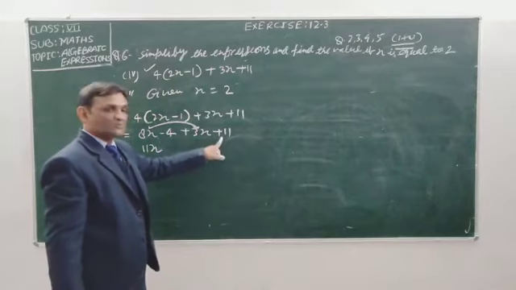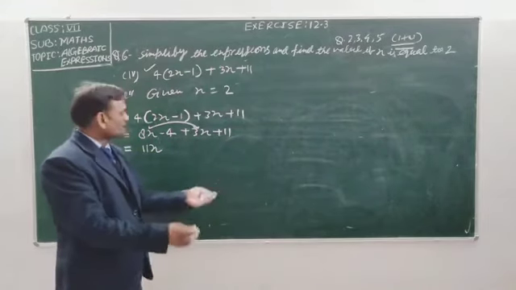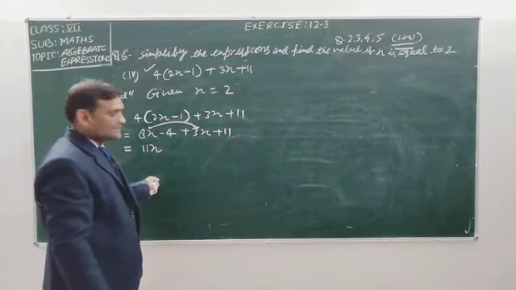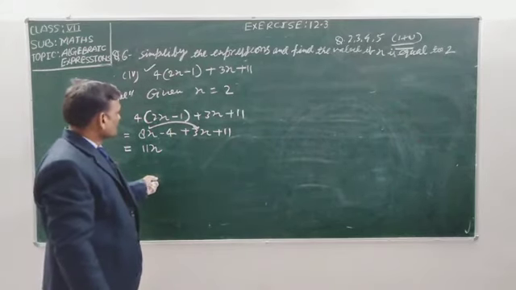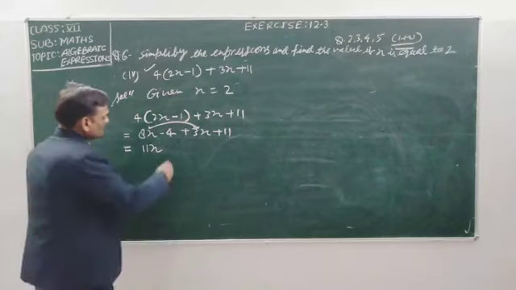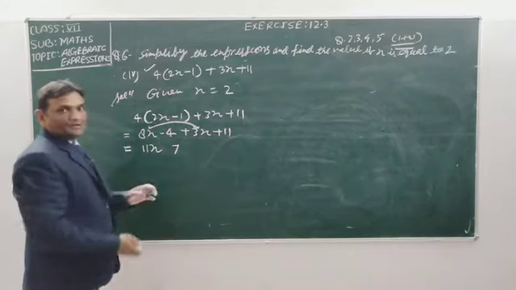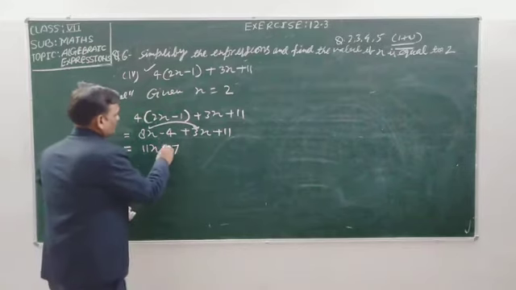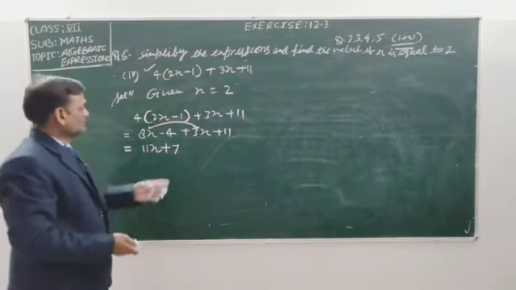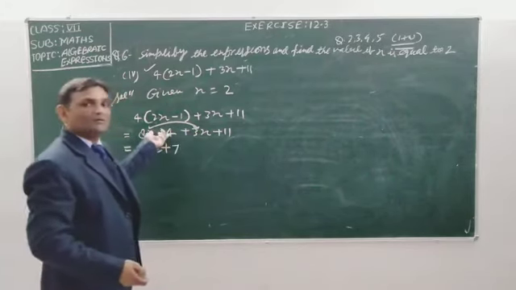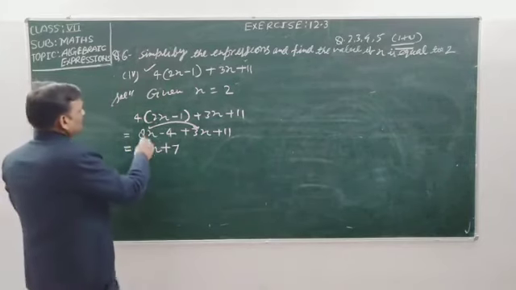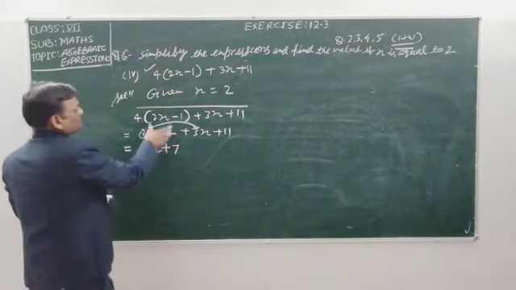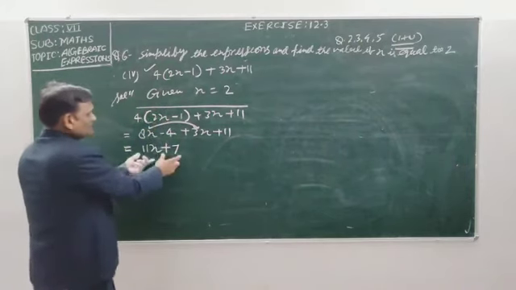One is negative and the other is positive, so always we subtract: 11 minus 4 is equal to 7. But which sign do we use? Positive, because 11 is greater than 4. So student, now I have simplified this expression. अब इसको हम simplify कर चुके हैं.